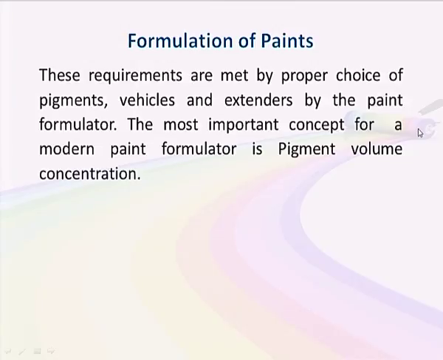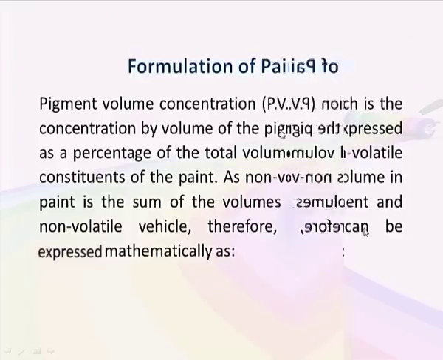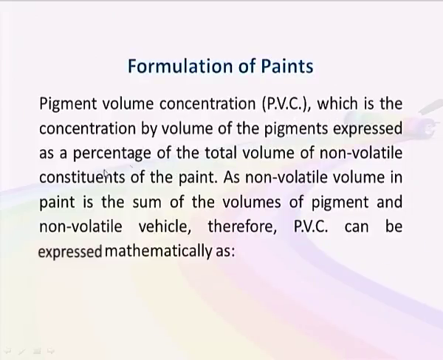The most important concept for a modern paint formulator is pigment volume concentration. Here we can see, depending upon the composition, proportion of resin, metallic and pigment, the type of paint is being changed. PVC, which is the concentration by volume of the pigments, is expressed as a percentage of the total volume of non-volatile constituents of the paint.